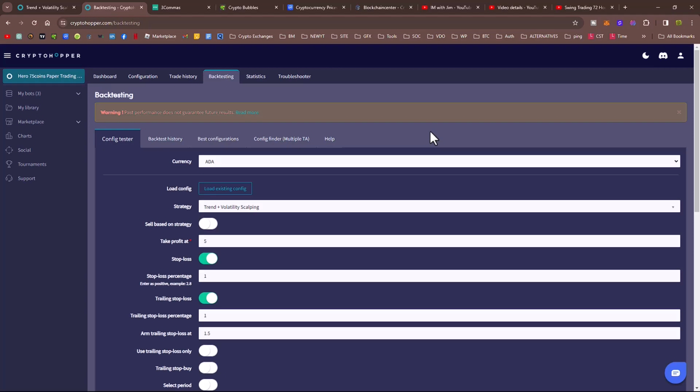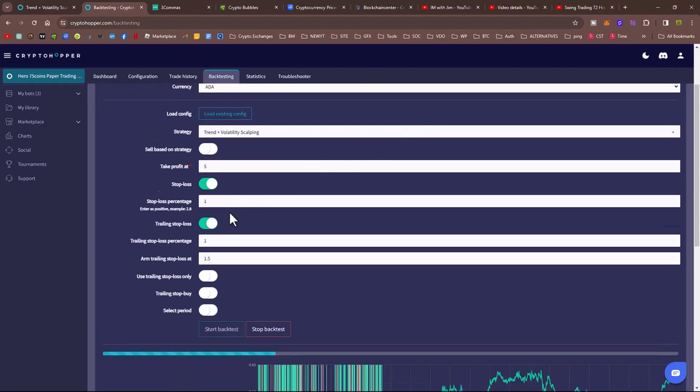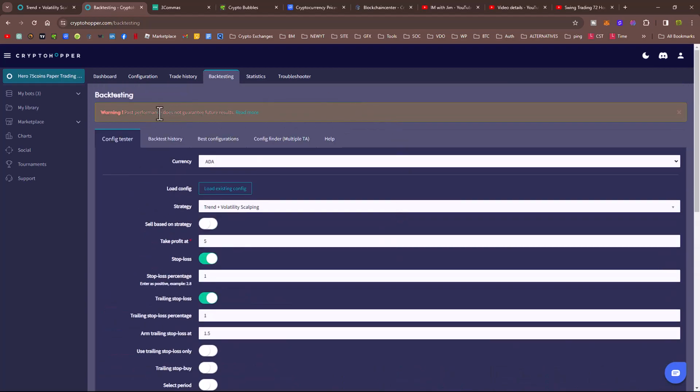So if you choose a strategy and you think it's going to be awesome, but we're really bearish, the results are not going to be good, guys. Like it says there, warning, past performance does not guarantee future results.